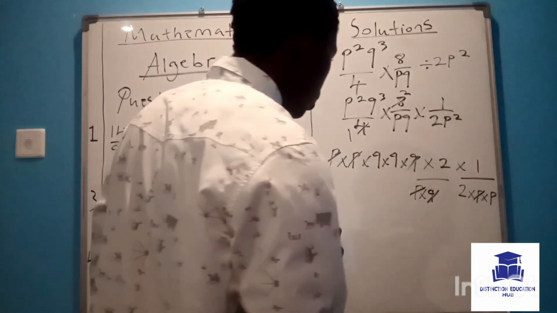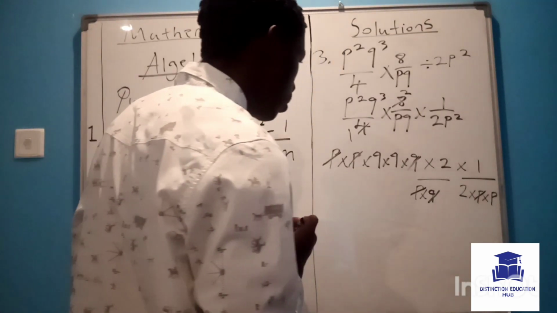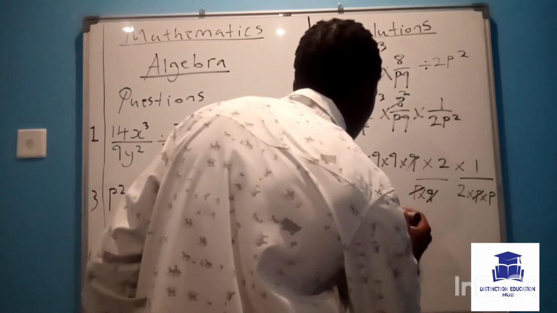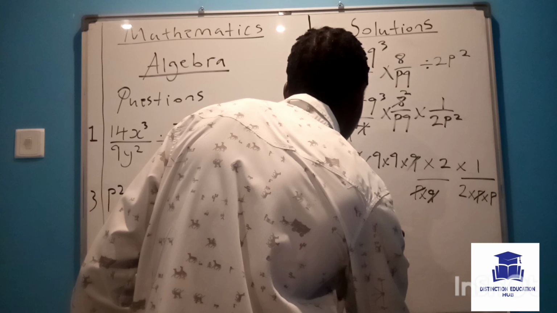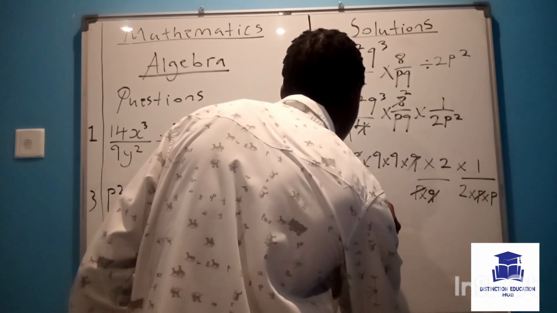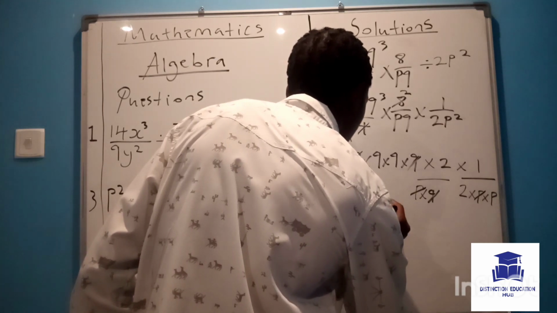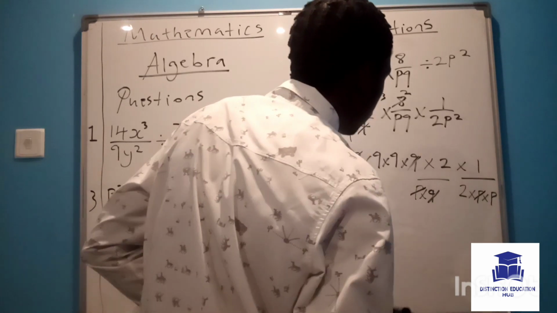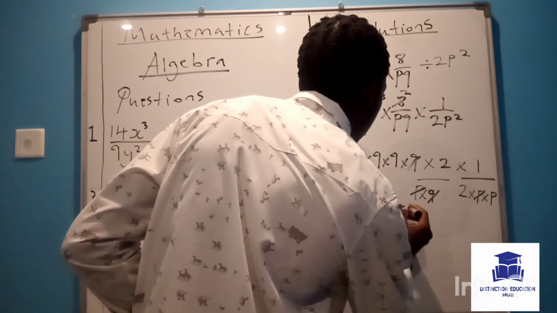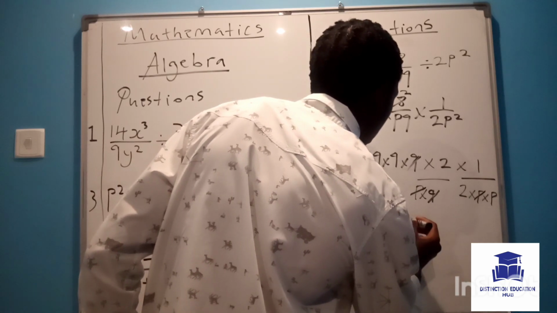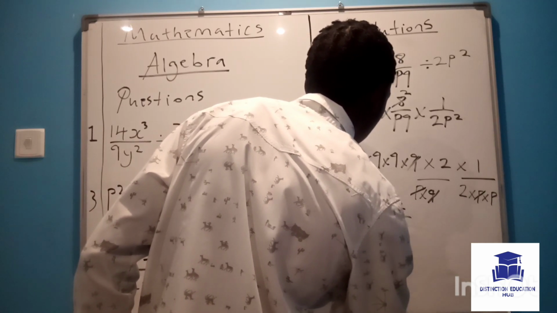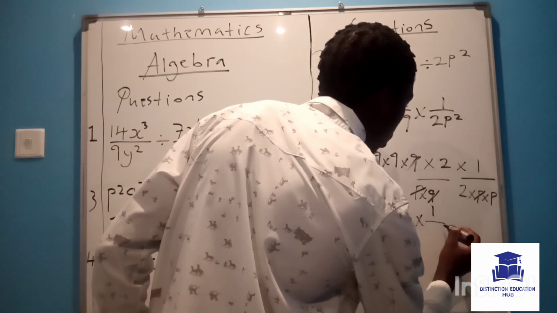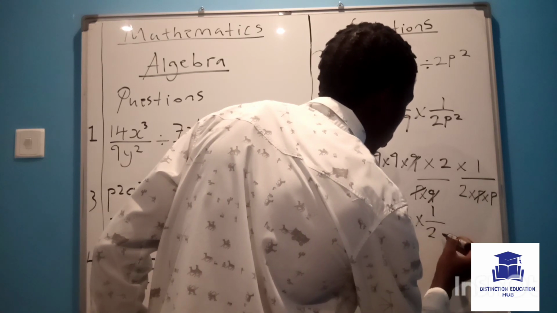Then you write what you remain with. So you remain with Q squared times 2 over 1 times 1 over 2.